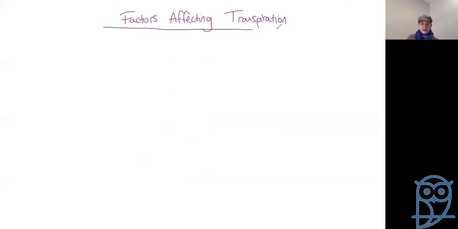So the first factor, of course, would be light intensity. Because light intensity is going to affect our stomata. The stomata are going to be open or closed. So high light intensity is going to be the stomata open, okay, because that's when photosynthesis occurs, and our stomata are opening to allow that gas exchange for photosynthesis, carbon dioxide in, oxygen out.